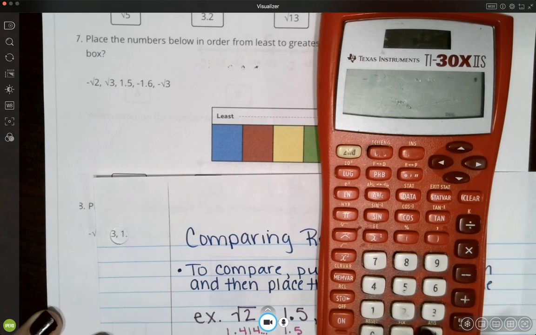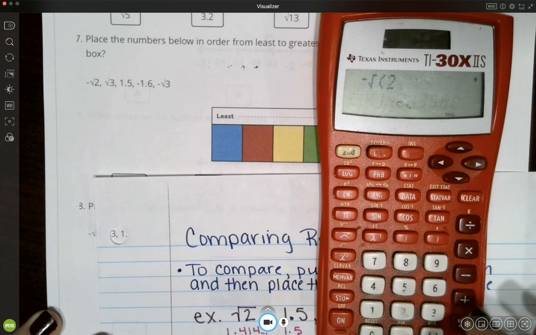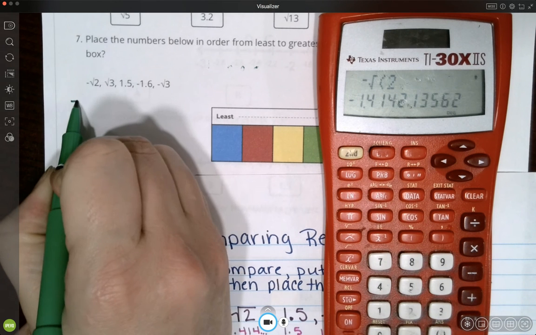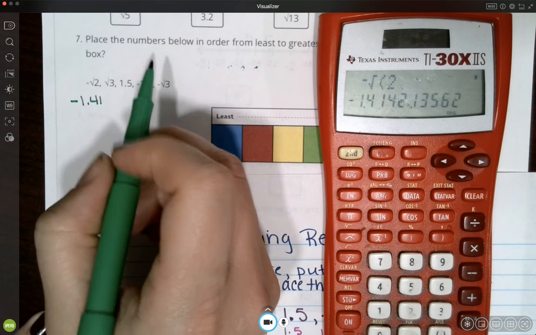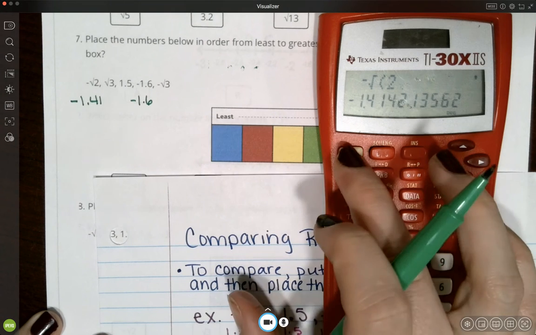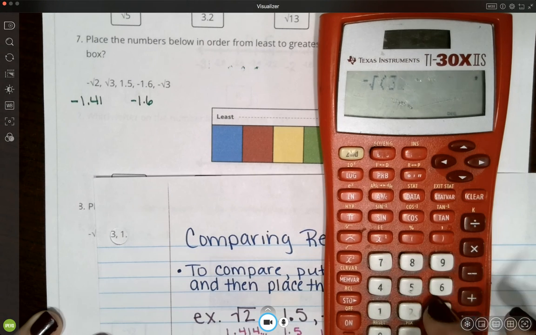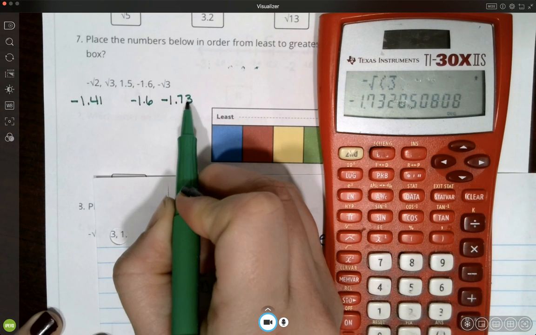We need to do the negative square root of 2, which is negative 1.41. And then we have negative 1.6. And then again, I have negative square root of 3, which is negative 1.73.